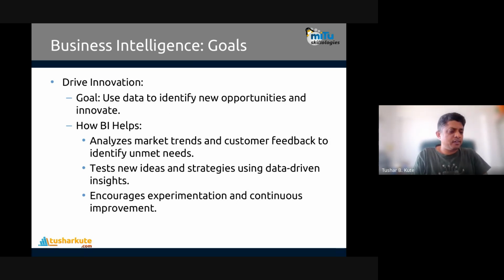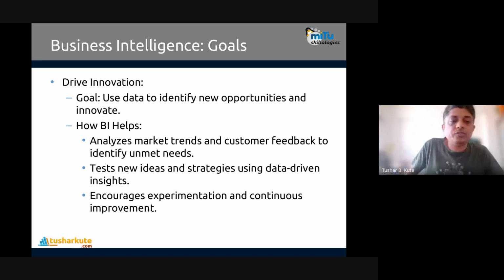Okay, drive innovation. Again a secondary goal, where we can use data to identify new opportunities and innovations. Where new opportunities are there, innovations are possible. So how can Power BI help with that? We can analyze market trends and customer feedback to identify unmet needs, needs which are not met completely.